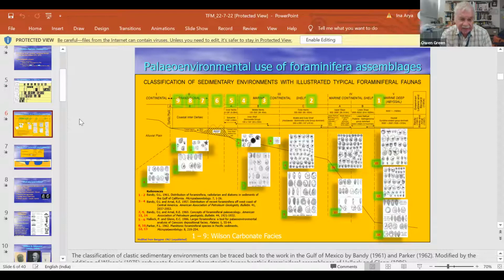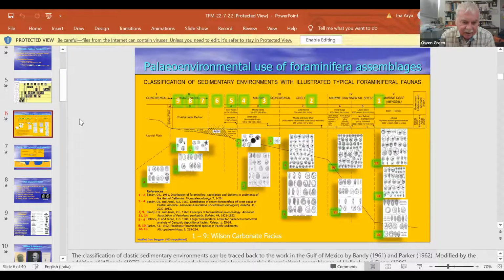So here, sorry, this is such a busy diagram, but it does really bring in quite a lot of the concepts behind this. In the white lettering at the top, numbers 1 to 9, these are the carbonate facies zones that were recognized by Wilson.